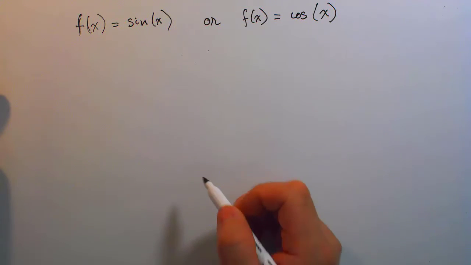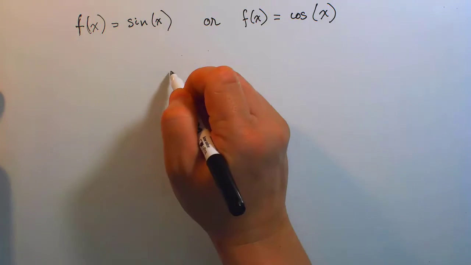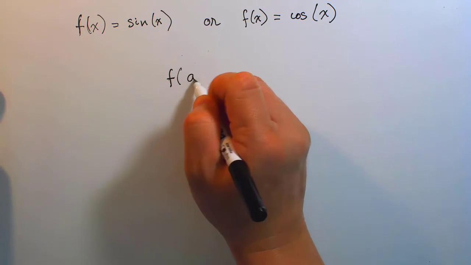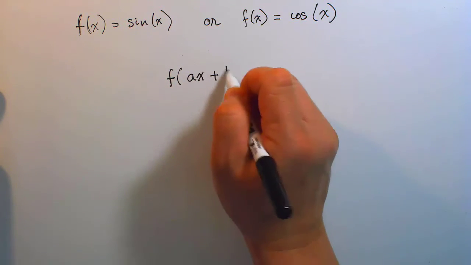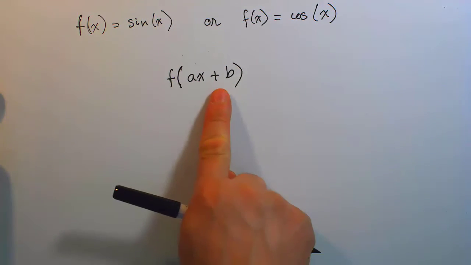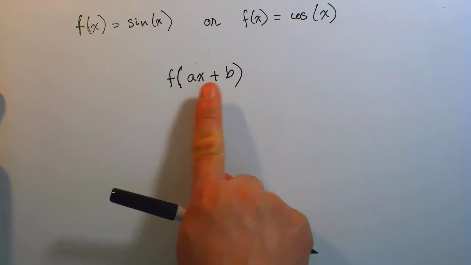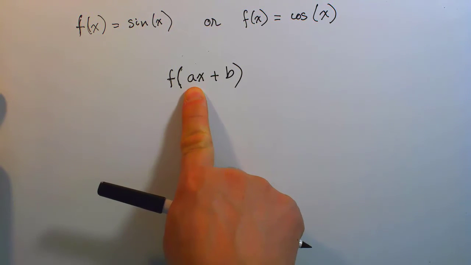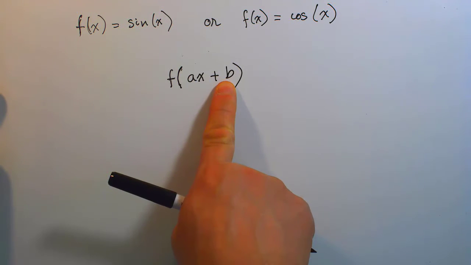The challenge comes when our function is taking a linear expression inside of it, where a could be positive or negative, and b itself could be positive or negative.